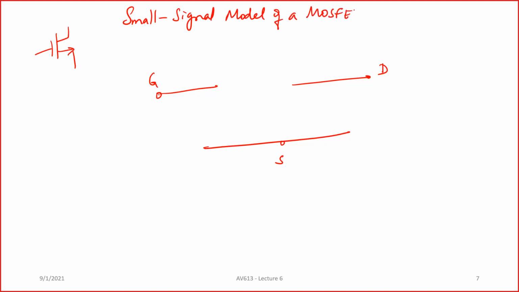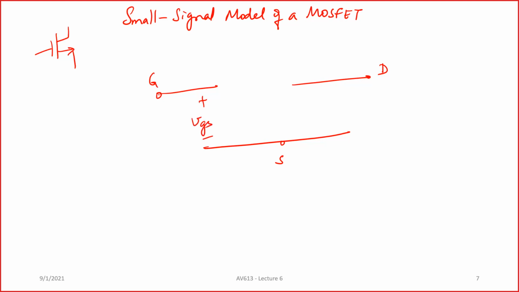We will be working very heavily with all these small signal models, so I want you to make sure that you understand these things, right? Between the gate and the source, for a low frequency model, literally there is nothing. It's an open circuit. So we'll just leave gate and source open. Now what do we have? We have some small VGS here.